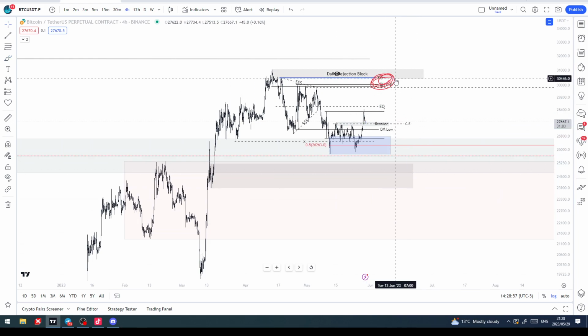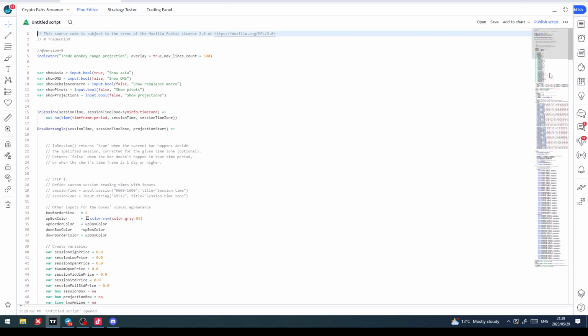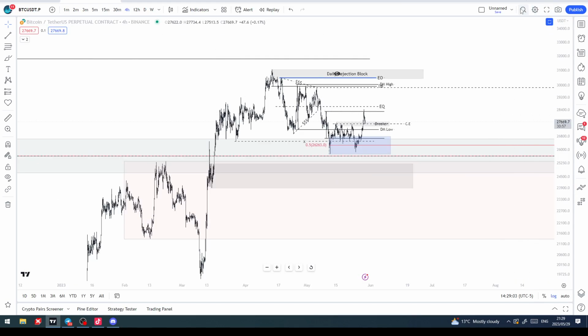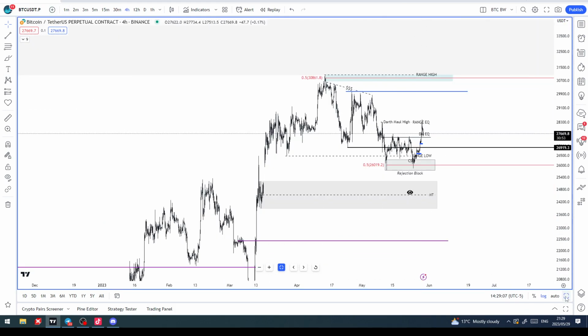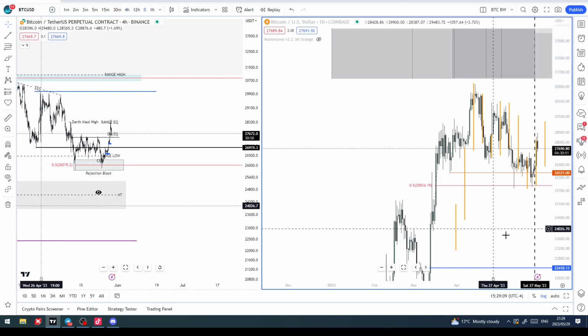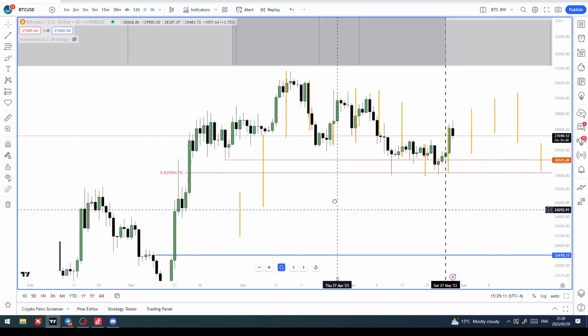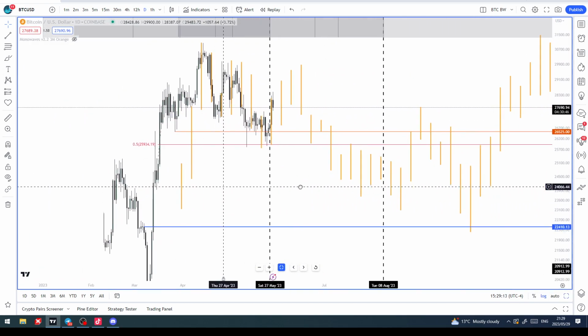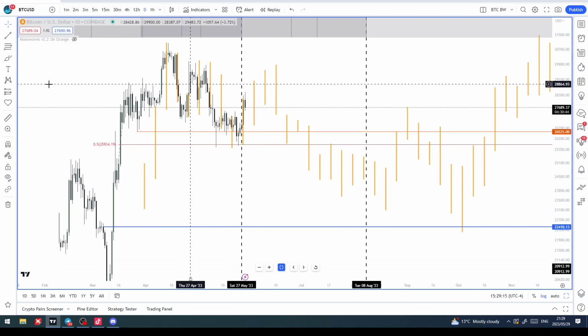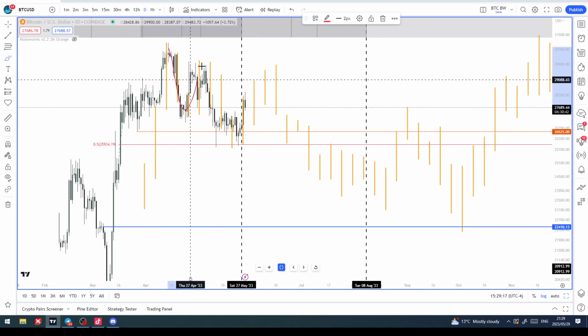The fractal that we've been tracking on that one is something close to the NAS delivery from early on in the year or last year. You see that? Where we had this price action here.